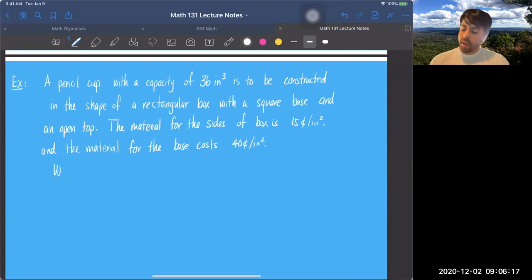What are the dimensions of this box that would minimize the cost?